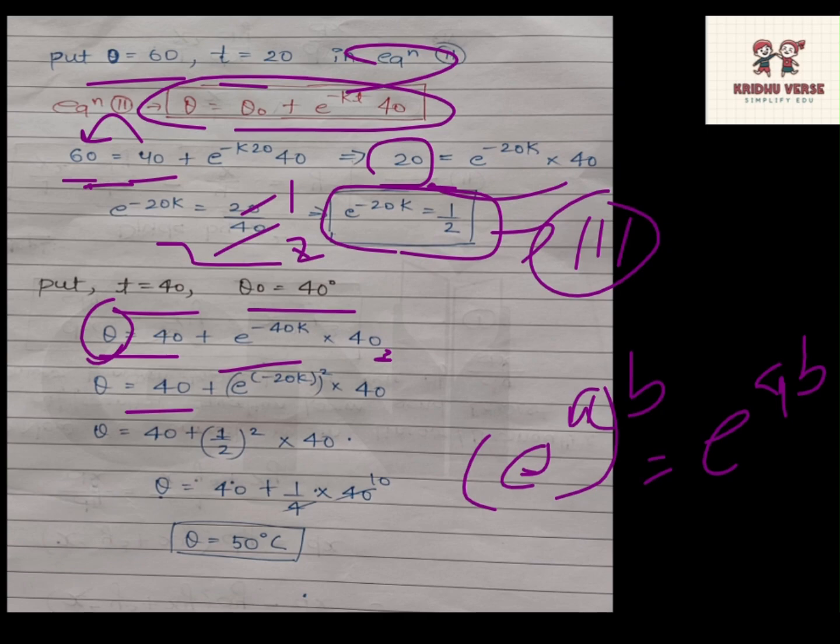So by following this, we write here e power minus 20k whole squared into 40. So theta equal to 40 plus 1 by 2, because e power minus 20k from equation 3 is half. So half squared into 40. So theta equal to 40 plus 1 by 4 into 40. So this will cut, here we are getting 10. So theta equal to 50 degrees Celsius. This is our final answer.